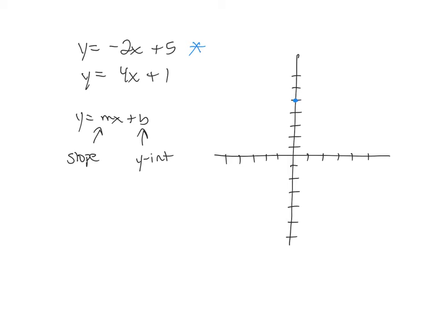And then the slope is negative 2 over 1. So it's a whole number, put the 1 on the bottom. That means go down 2, 1 to the right. And then I like to do it again. Down 2 and over 1 to the right. And sometimes that can be helpful.